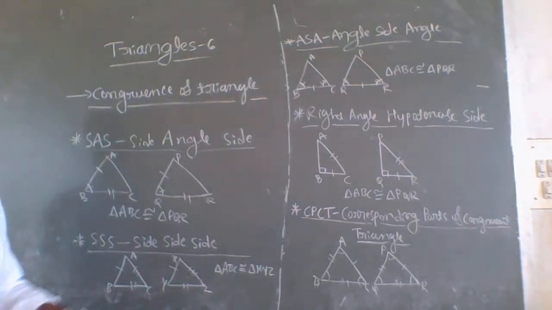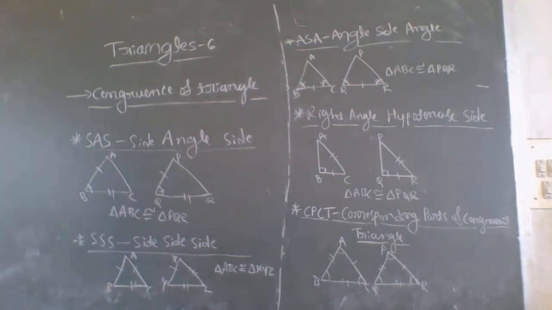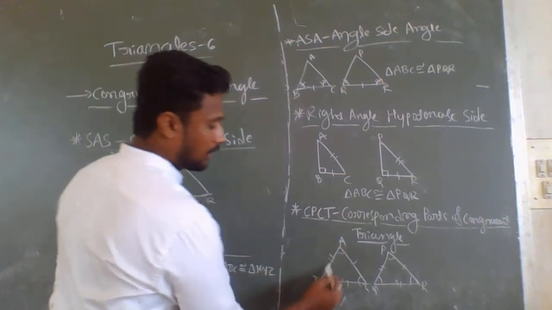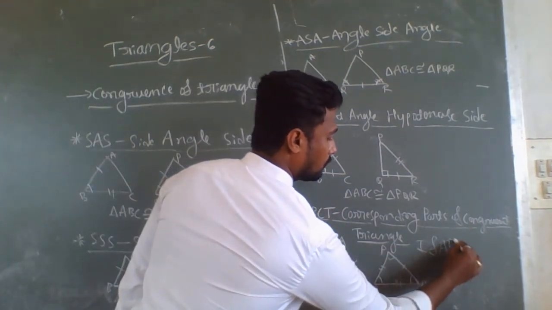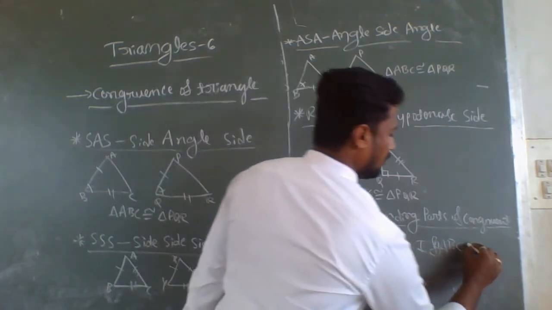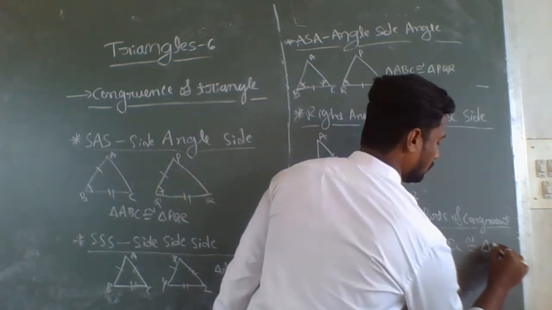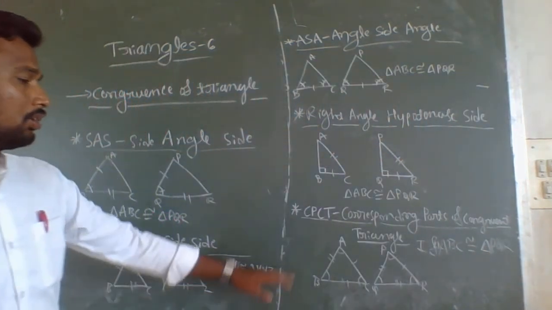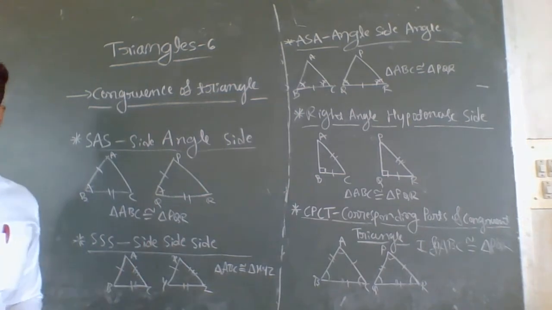So according to corresponding parts of congruent triangles, if triangle ABC is congruent to triangle PQR, then all the corresponding parts of these two triangles are equal to each other.